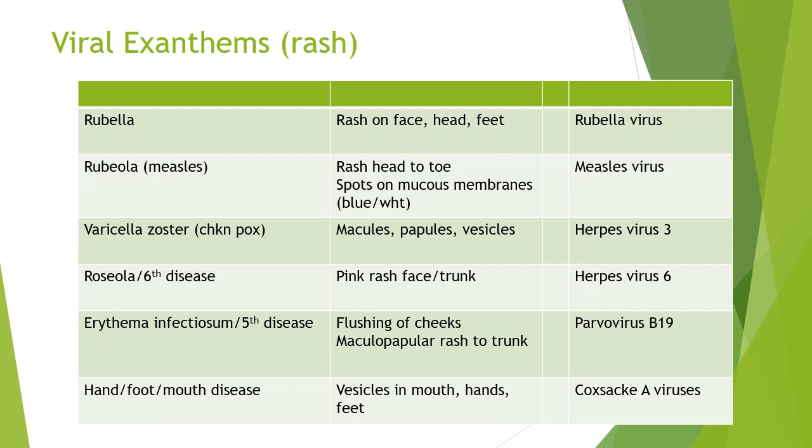So rubella, also known as German measles, it's caused by the rubella virus. Incubation period is 14 all the way up to 21 days. And this virus is transmitted by direct contact with droplets, and it's also airborne.